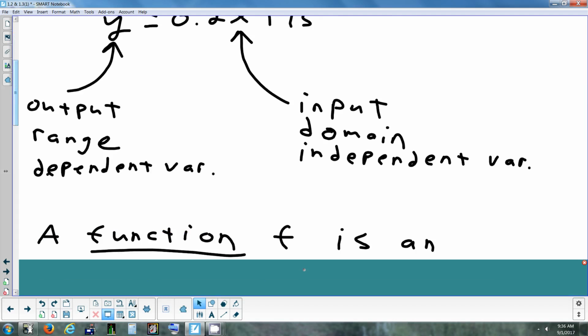Now, specifically, that problem is a function, that equation. Does anybody remember what a function is in math? Not all equations are functions. Does anyone remember what makes something a function?